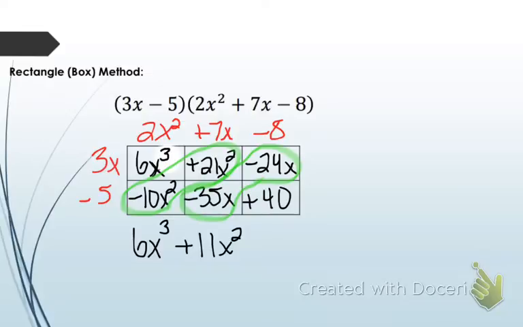So that is negative 35x minus 24x. Add the two numbers, keep the sign. So the only ones that didn't have other like terms were the first term and the last term. Okay, so this would be our final answer.